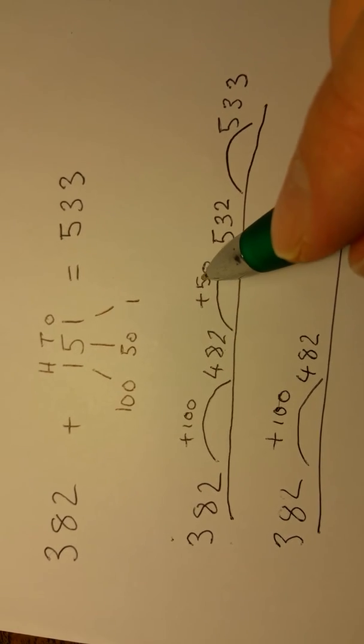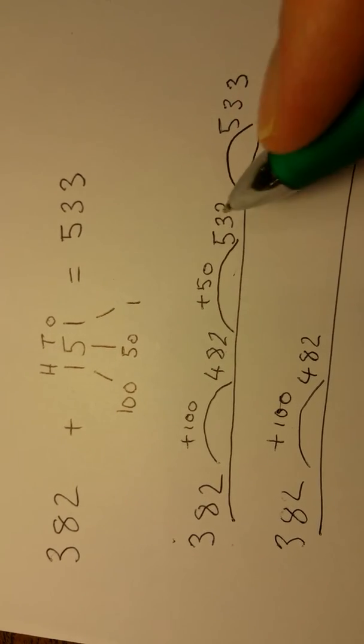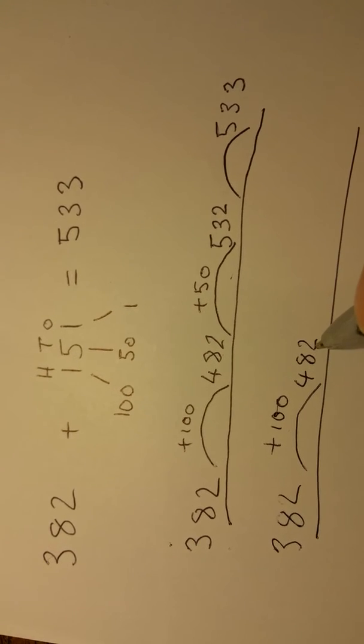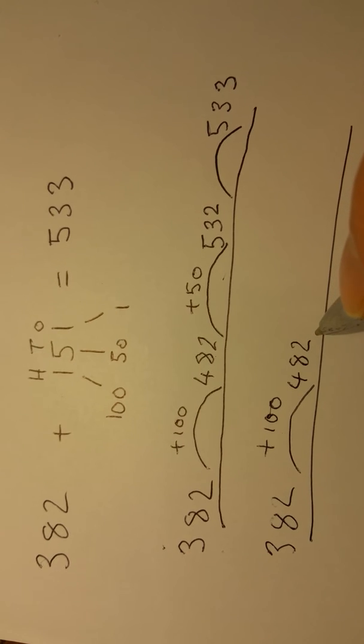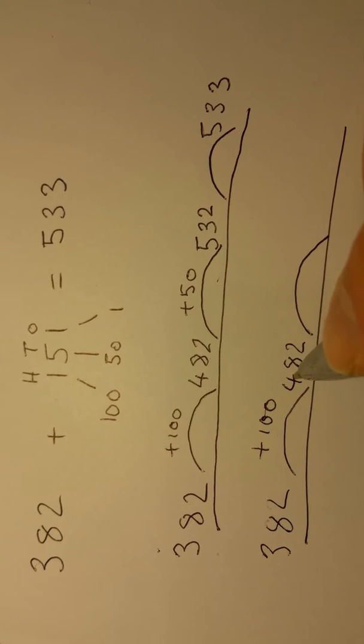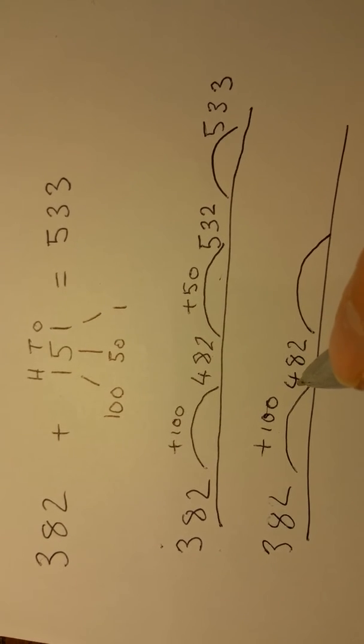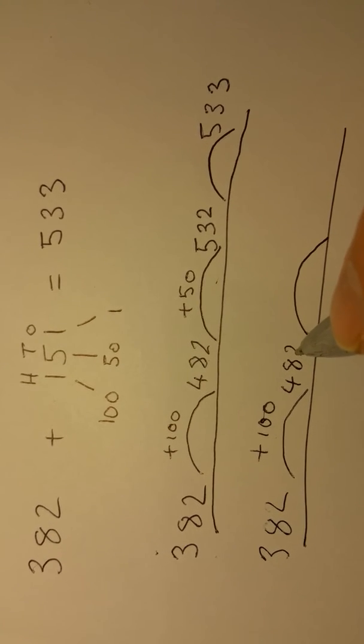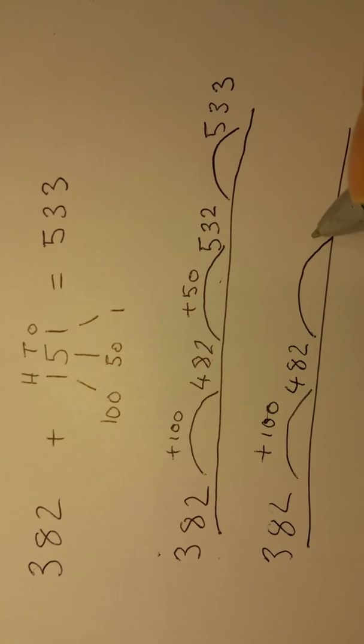And I think about splitting the 50 into 2 different jumps. And I think about what's easy to add to 482. Now I think that adding 20 is easier. So 492 plus another 10 is 502.